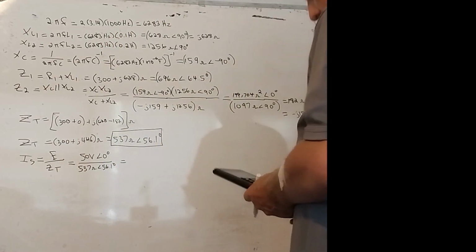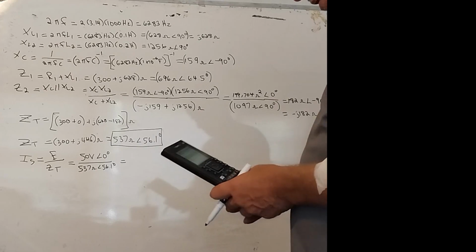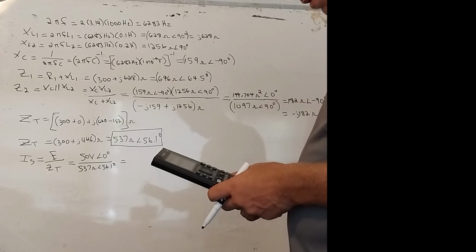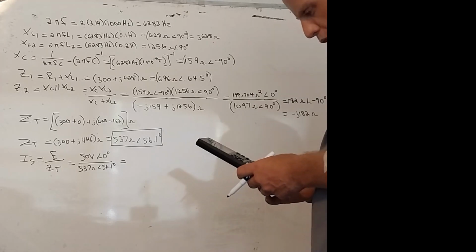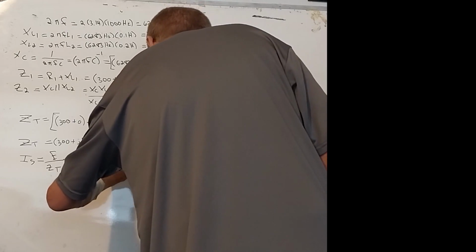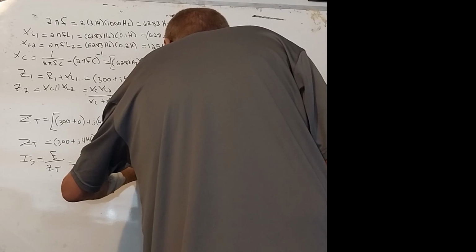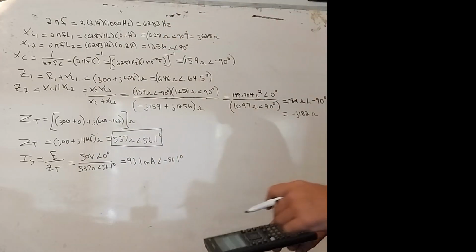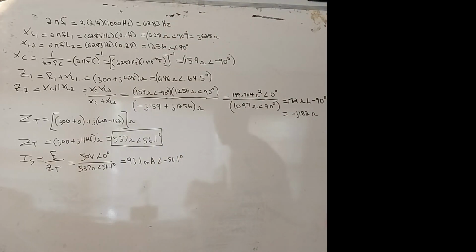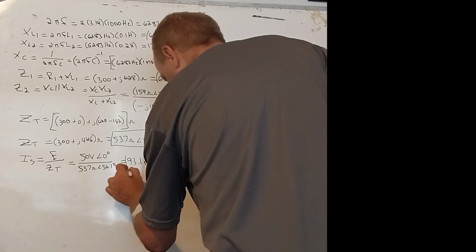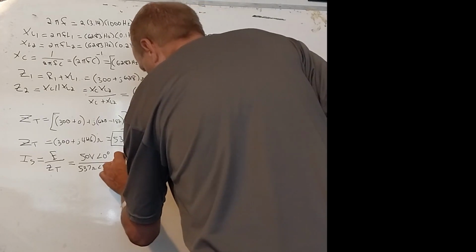We know what the angle is going to be. It'll be negative 56.1 degrees. And when we find the current, we get 93.1 milliamps at negative 56.1 degrees. So now we have this total current.